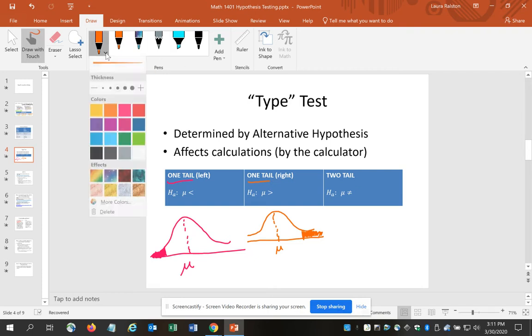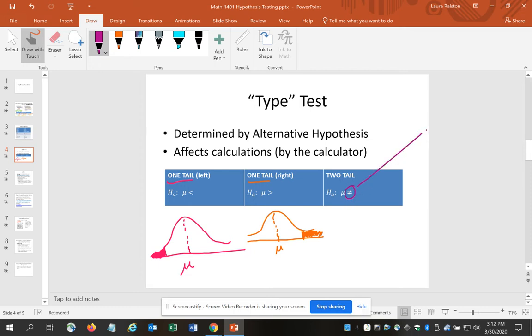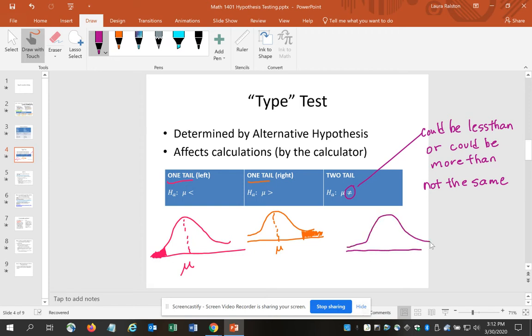And then finally, the third one we call a two-tailed test, when you have not equal. Because if you think about what it means for something to be not equal, it means that it could be less than, or it could be more than. The whole idea of not equal just means it is not the same. Okay, so when you think about it in the context of not equal, again, you have your baseline, your bell-shaped curve with your mean in the middle.